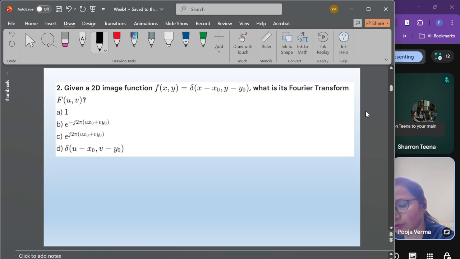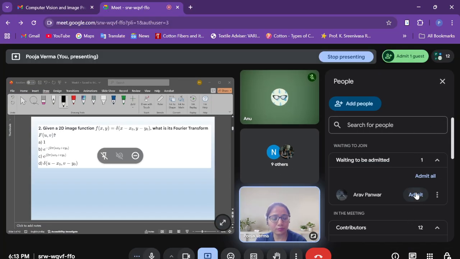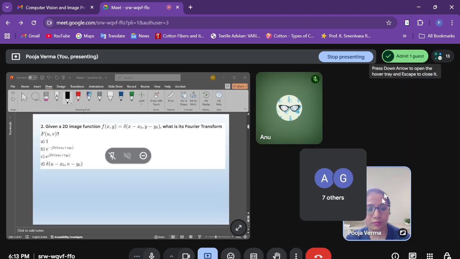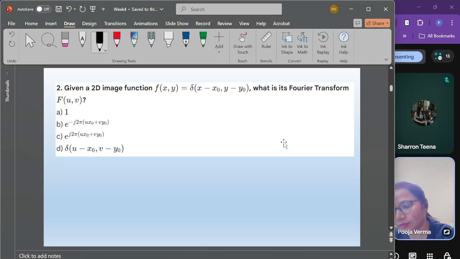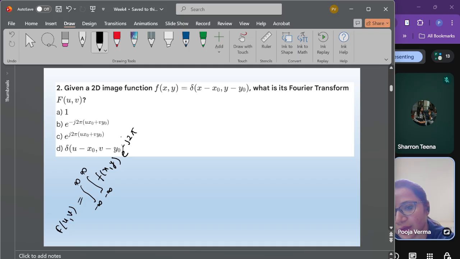The Fourier transform of the 2D continuous-time signal can be represented by F of u, v. This is the frequency domain representation of f of x, y: the integral from minus infinity to infinity of f of x comma y, e to the power minus j 2 pi (ux plus vy), dx dy.